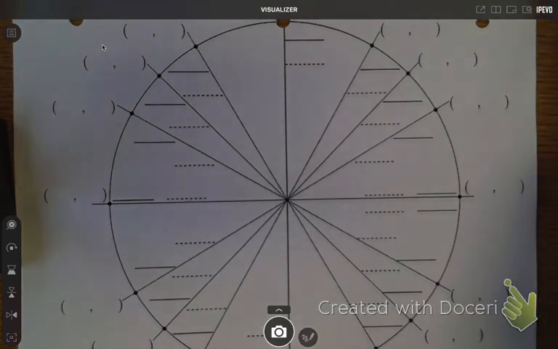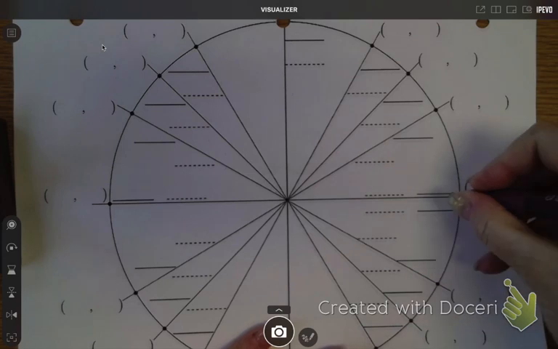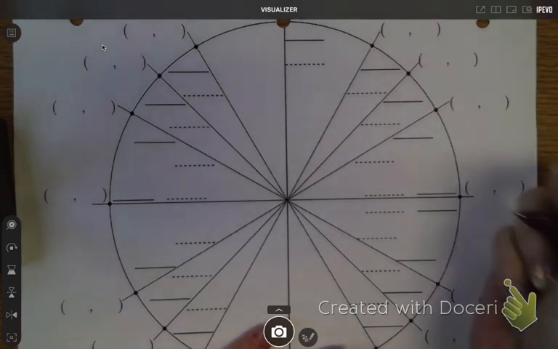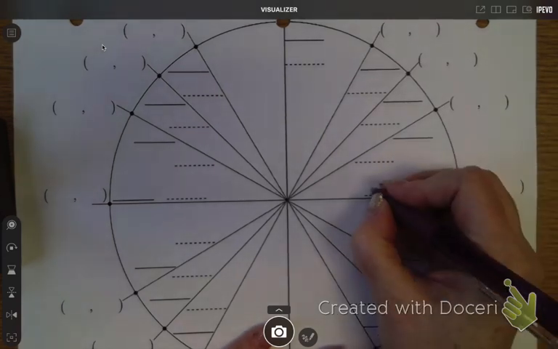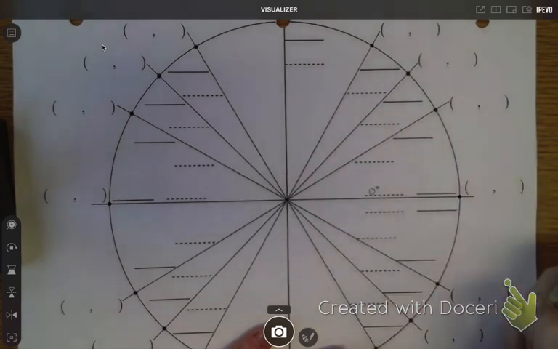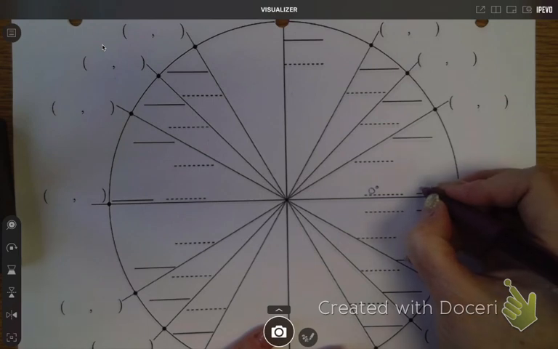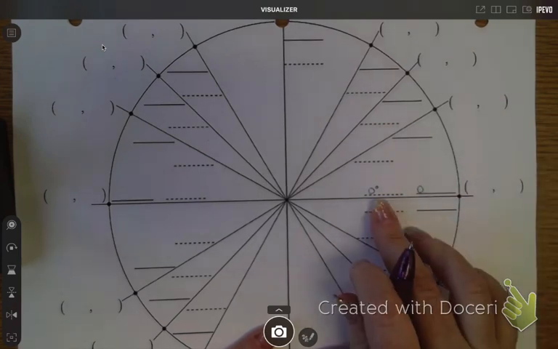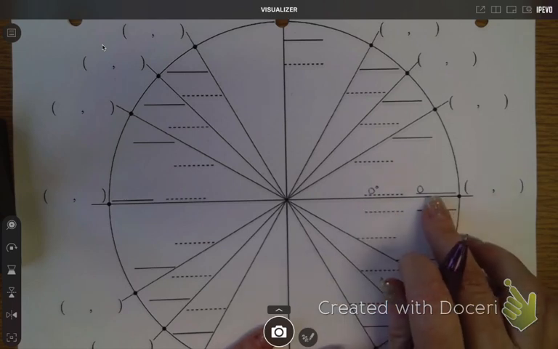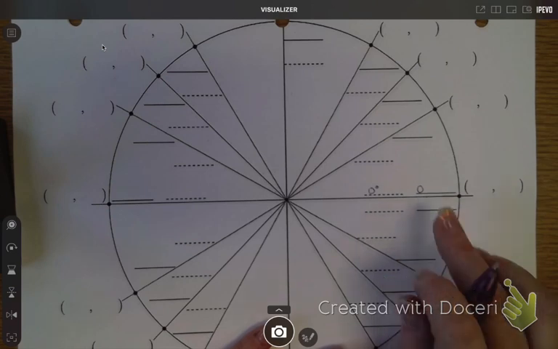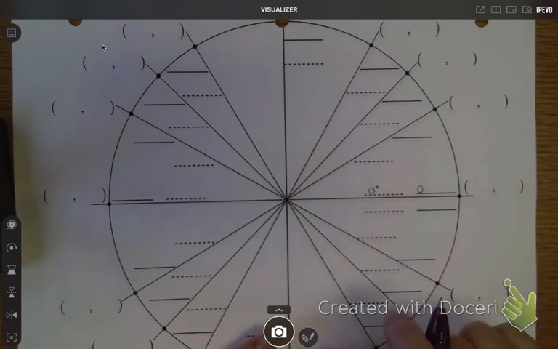Okay, so what degree am I at right here? 0. So it is 0 degrees. How many radians is that? 0 radians. One line is for degree, one line is for radian. We're going to write 2 things on this line because it's 2 different things.